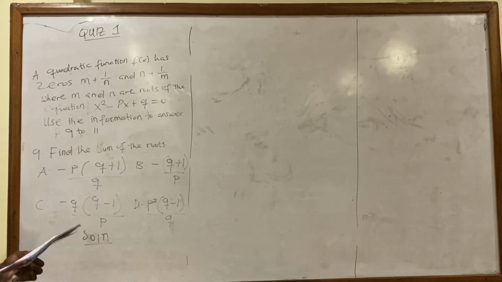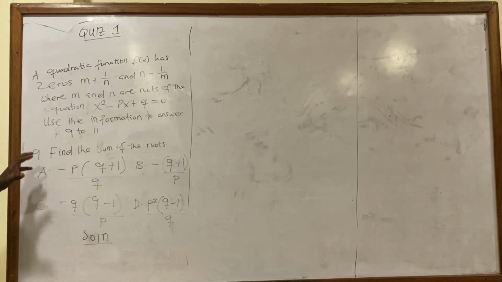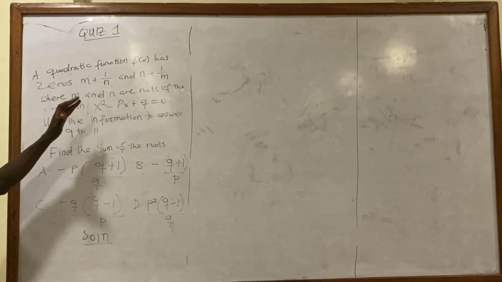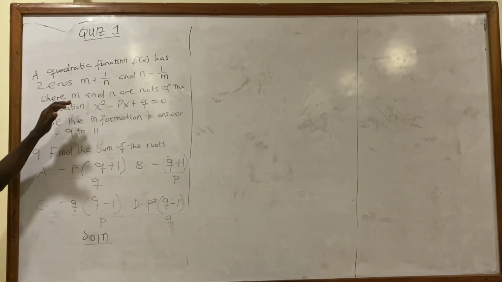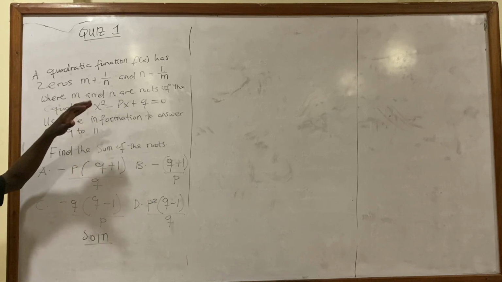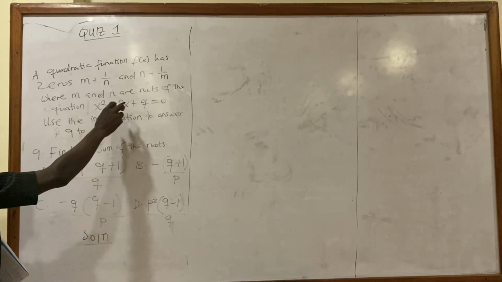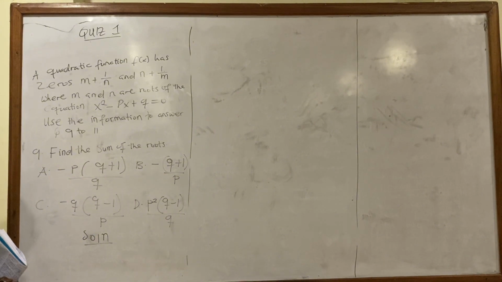All right, so question number 9, this preamble says, a quadratic function f of x has zeros m plus 1 over n and n plus 1 over m, where m and n are roots of the equation x squared minus bx plus q equals 0.